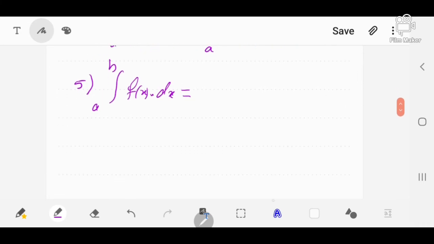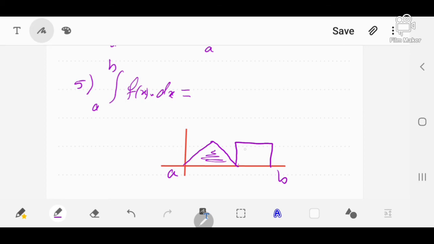Let's say that we have these two areas, for example this triangle and this rectangle, and it was from A to B. How would you find the area of this combined figure? For sure, you would say, I will find the area of the triangle, then I will find the area of the rectangle. Well, that's right, as long as you are using this number here. So let's call it C.